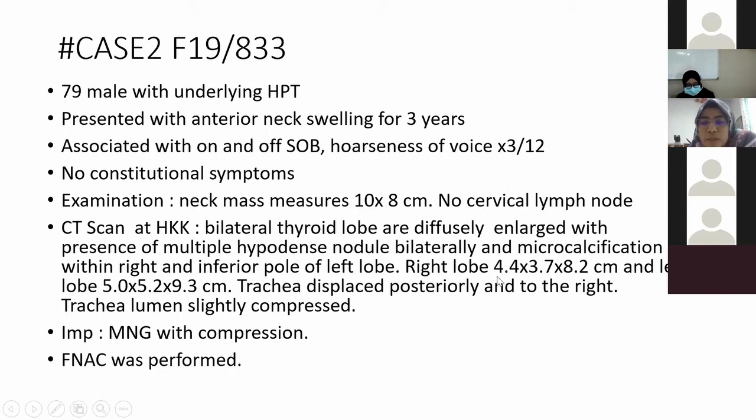The right lobe measures 4.4 by 3.7 by 8.2 centimeters, and the left lobe is 5 by 5.2 by 9.3 centimeters. The trachea is displaced posteriorly and to the right side, with the tracheal lumen slightly compressed. However, the clinical impression at that time was multinodular goiter with compressive symptoms. So they proceeded with FNAC.